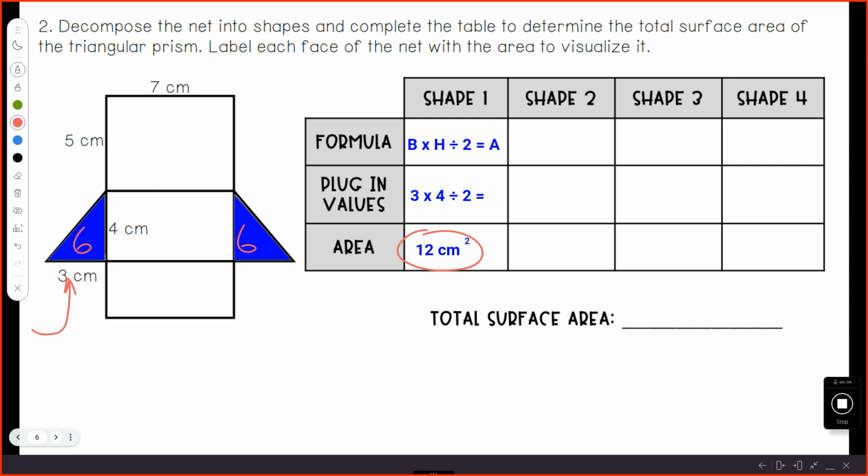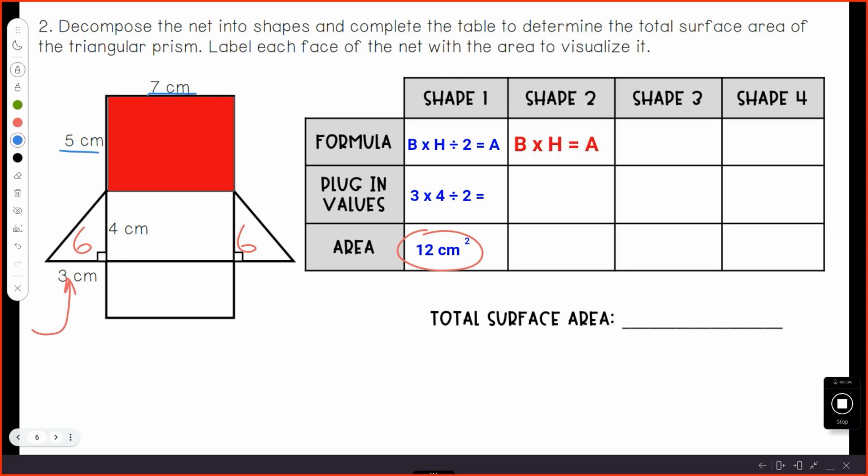Now let's take a look at shape number 2, which is a rectangle, and the measurements are 5 and 7. The formula to find the area of a rectangle is base times height. If we plug those numbers in, it's 5 times 7, and that's going to be 35 centimeters squared. Now, before I move to the next rectangle, I want you to see that this number's in there because it's going to get hidden.